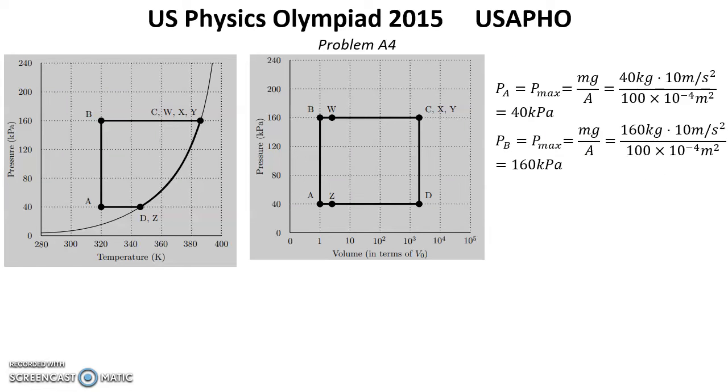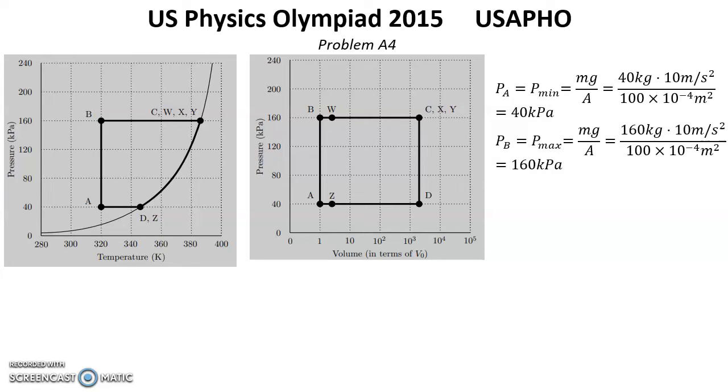Here are solution diagrams for this problem, and let's explain them. First, we start by computing pressures. The minimum pressure is when only the piston is to be lifted. So we have P minimum equal weight of piston, mg, over cross-sectional area A, which is 40 kilopascals.